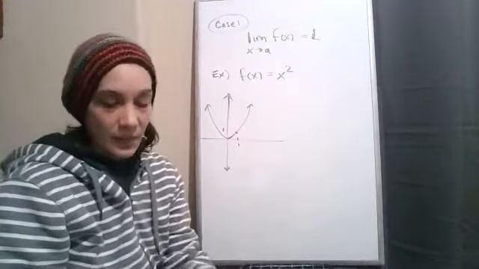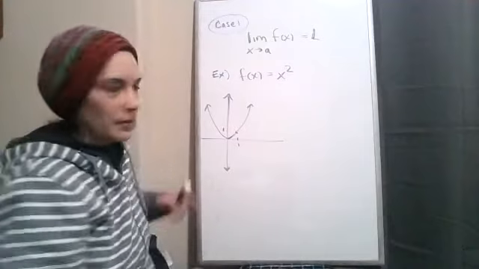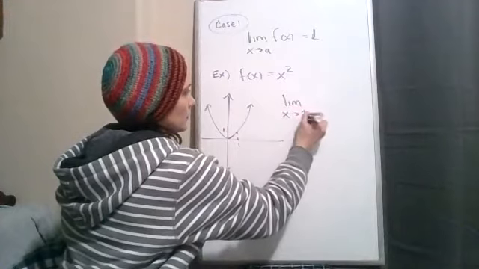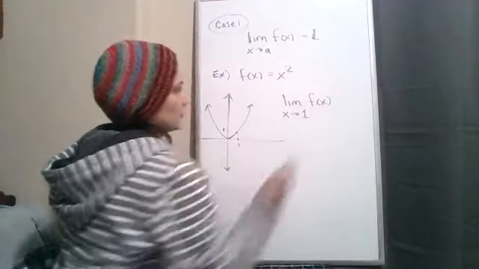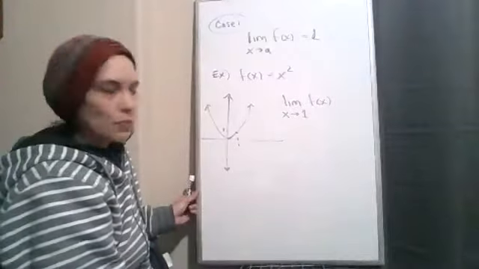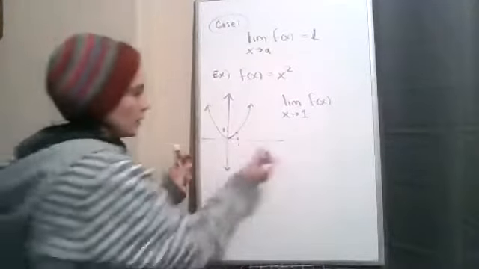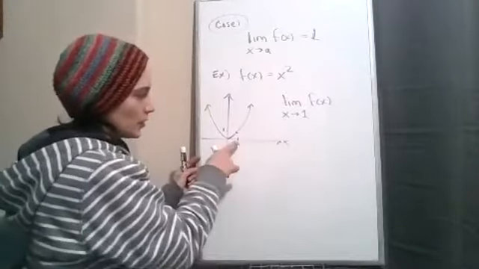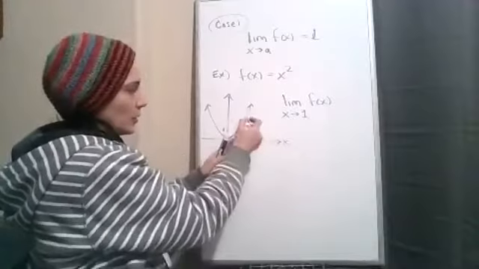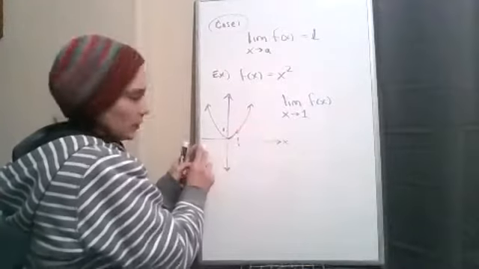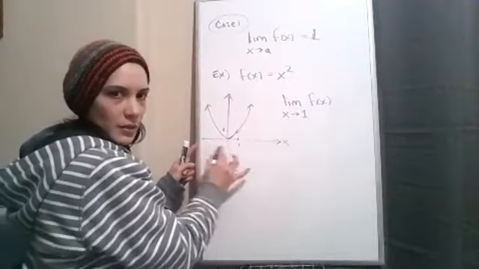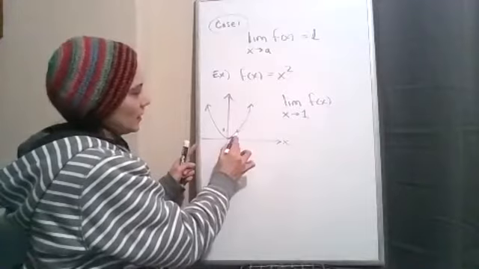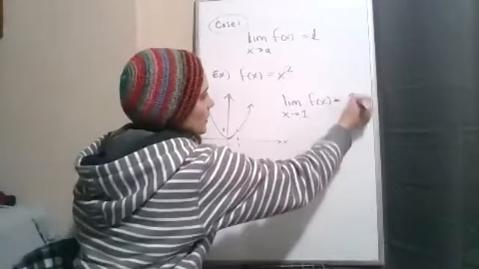So I have the limit as x approaches 1 of f of x. As your x values get closer to 1 from the right side, outputs go to 1. As x goes to 1 from the left, outputs go to 1. So your limit is 1.